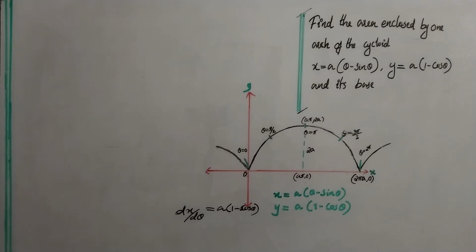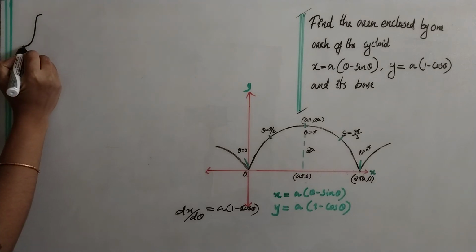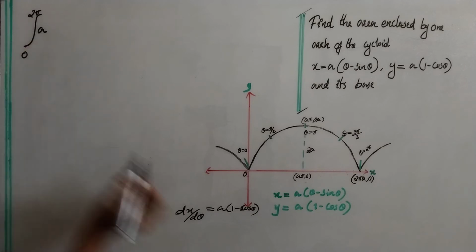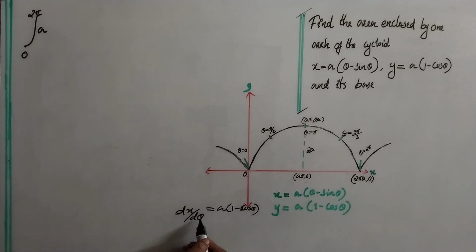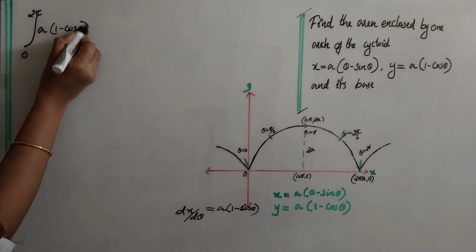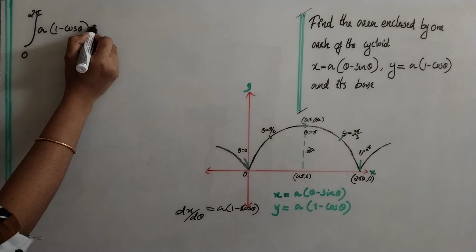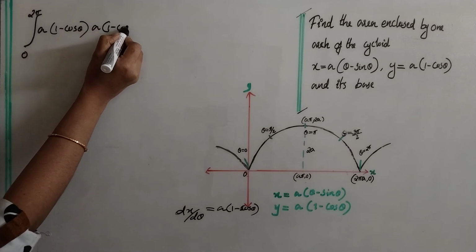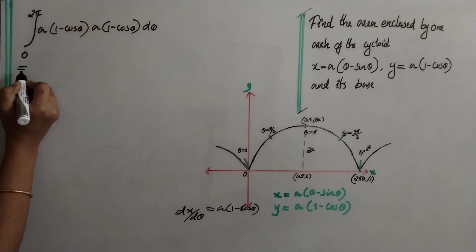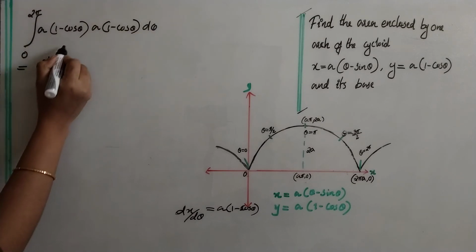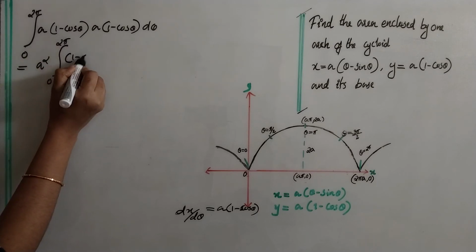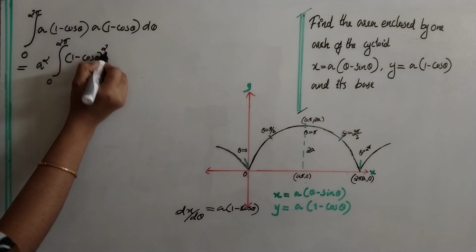So this integral becomes the integral from theta equal to 0 to 2 pi of y into dx by d theta into d theta. y is a into 1 minus cos theta and dx by d theta is a into 1 minus cos theta into d theta, or a square into integral 0 to 2 pi of 1 minus cos theta the whole square into d theta.